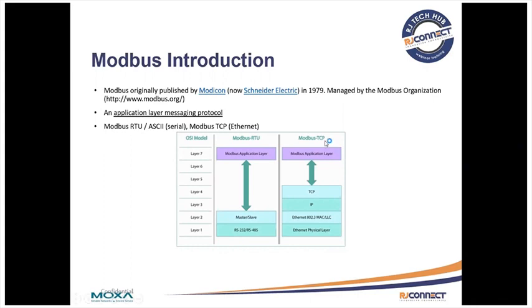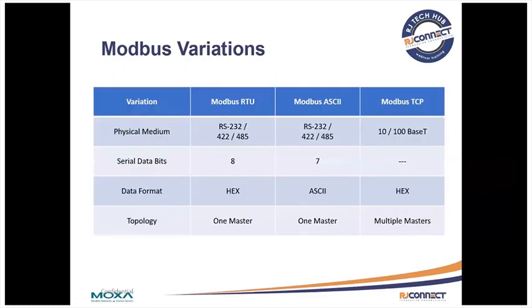Now, the only difference between Modbus RTU and Modbus TCP is the fact that we implement a TCP IP header with our standard Modbus layer, making it possible to convert on the fly. And we'll discuss that in a later slide.